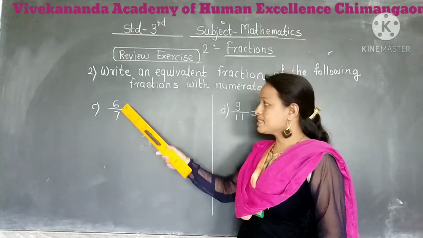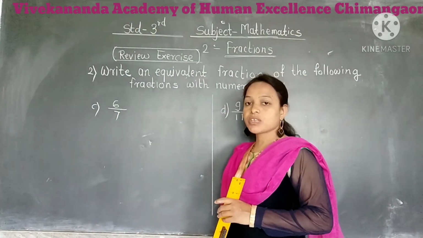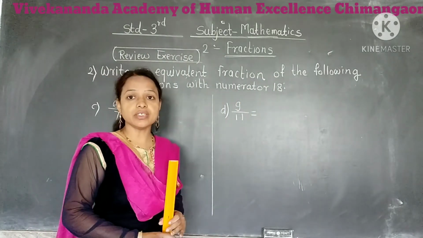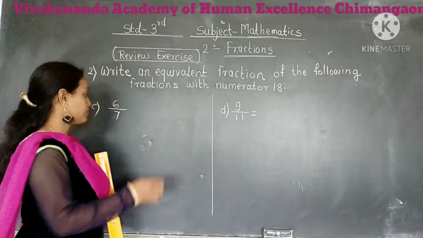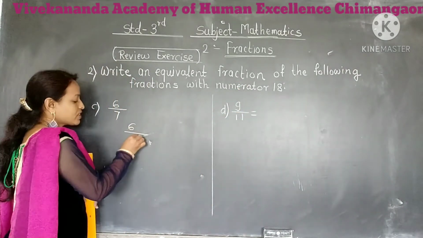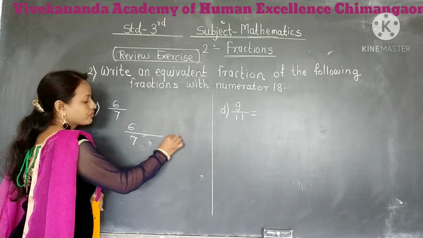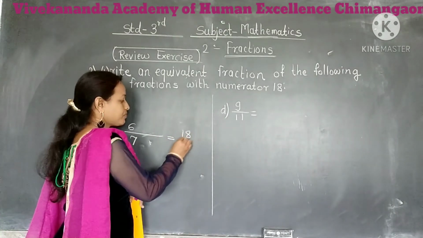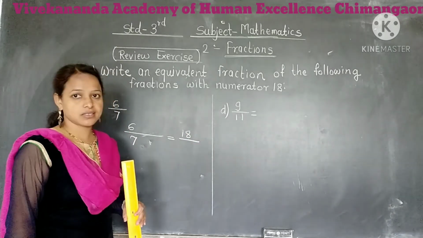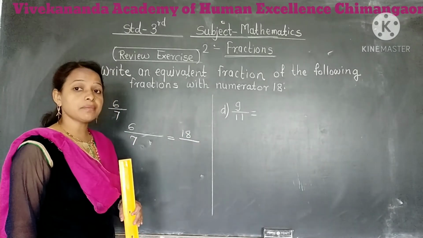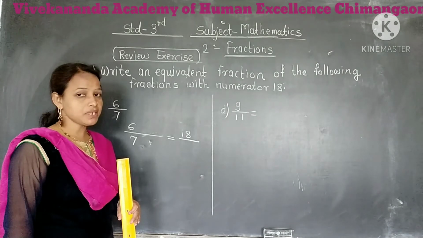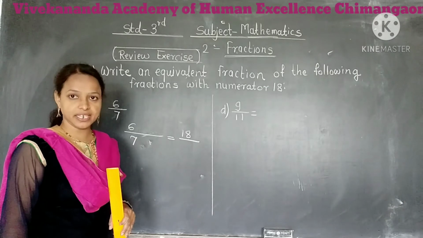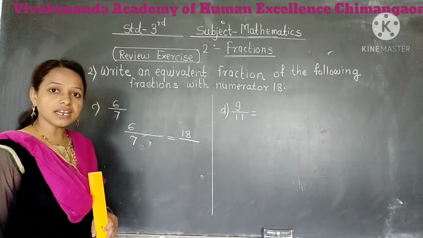Next example is 6 upon 7. We have to write its equivalent fraction with numerator 18. Look here, the fraction given is 6 upon 7, but we have to write its equivalent fraction with numerator 18. So 6 multiplied by 3, 3 times is equal to 18. 6 threes are 18.